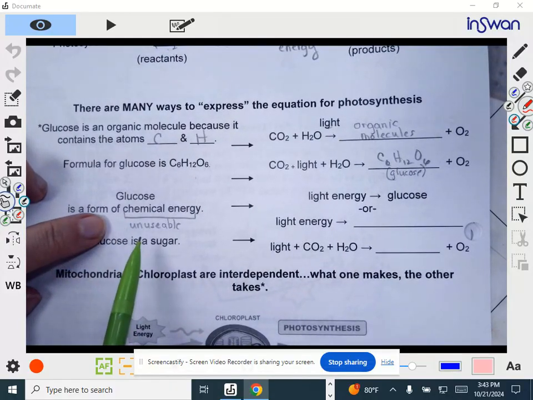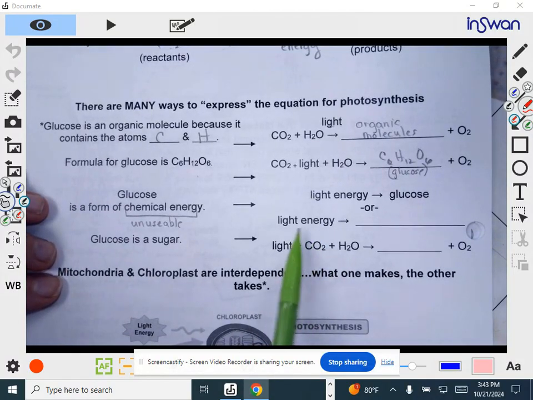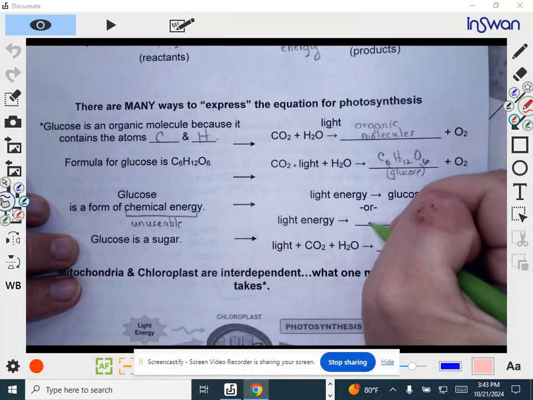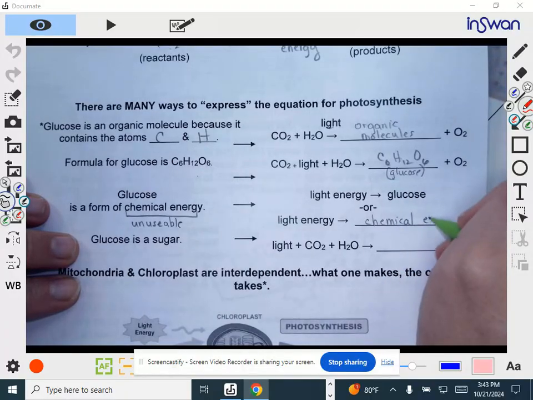So another way that I can abbreviate what's happening in photosynthesis is I can say that light energy is being converted into chemical energy, because glucose is a form of chemical energy.